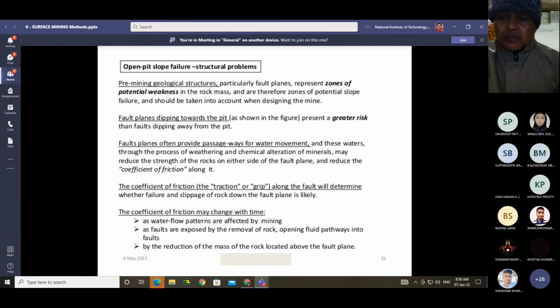So this is all about today. I have discussed. Tomorrow in the next class we'll discuss the open pit slope failure, how the slope fails. So for today this is good enough.